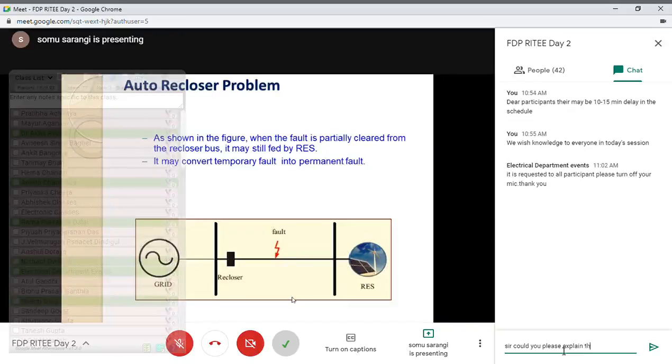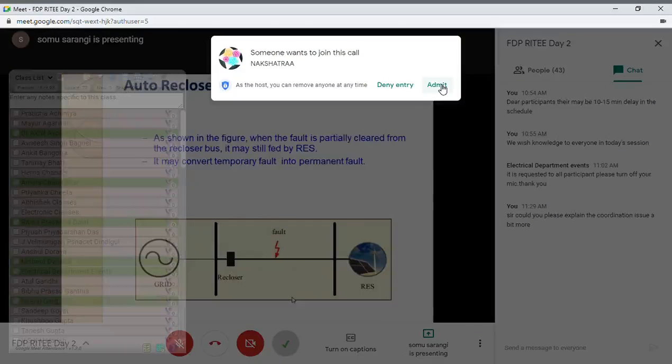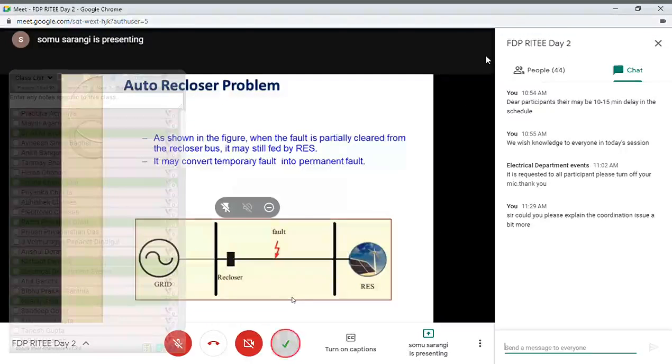But if you are having renewable at the other end, then synchronization of this synchronous generator and the PV-based generator is a difficult task. So whenever we are utilizing auto reclosing, it is very difficult to obtain the auto reclosion of a system wherever the renewable energy sources are present in our system.